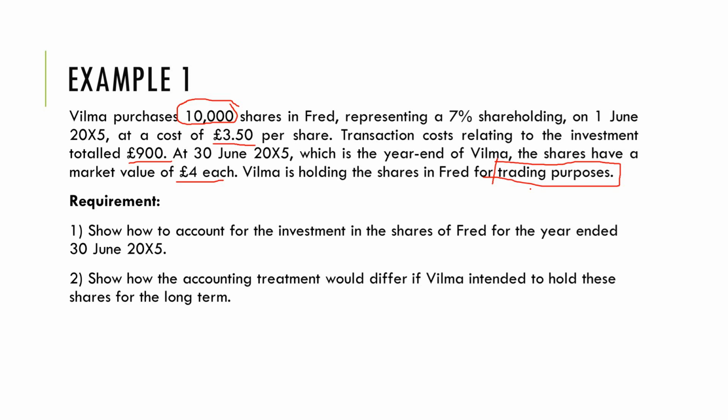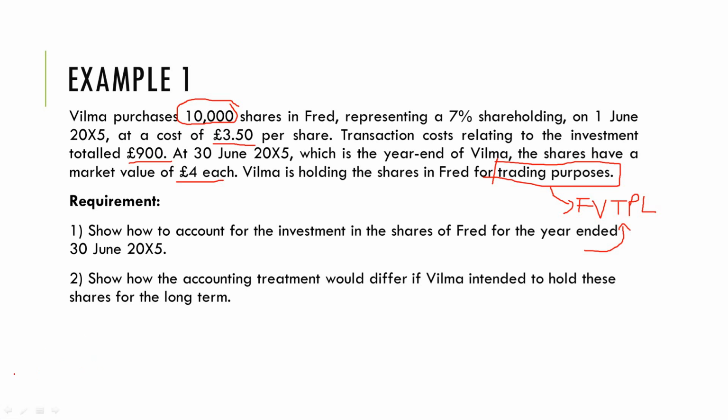You just buy it for trading purpose, meaning that one day within the near future, in less than 12 months, you could be selling these shares because you want to benefit from the gain of the investment. So this indicates that we need to use fair value through profit and loss. So requirement number 1 is actually asking us to record this transaction based on this method.